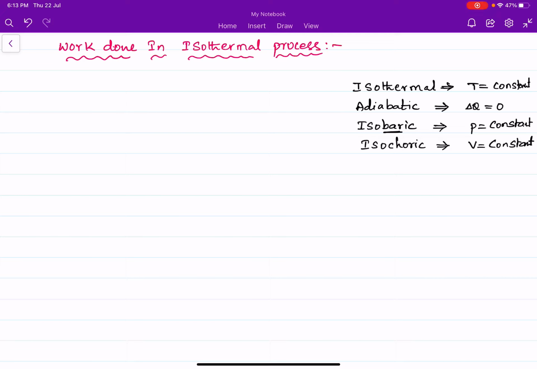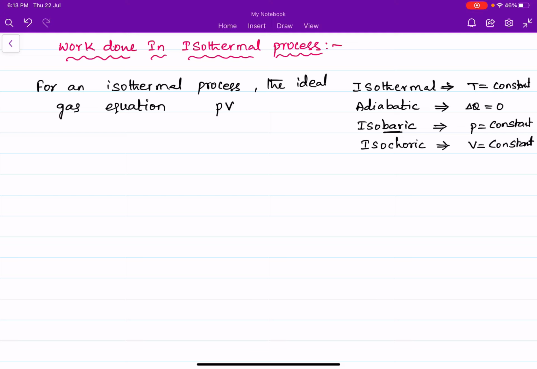For an isothermal process, we know the ideal gas equation, PV is equal to nRT or muRT.